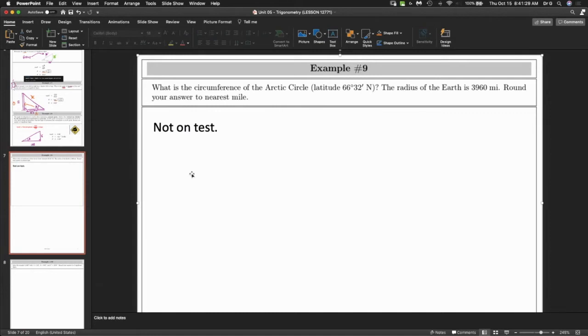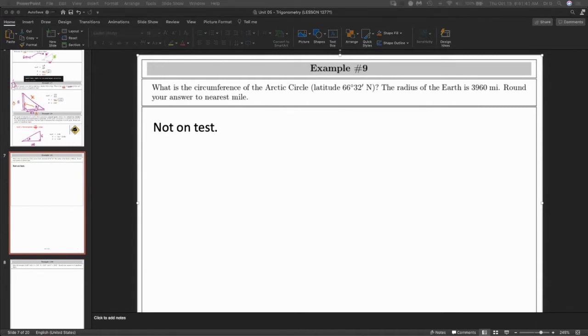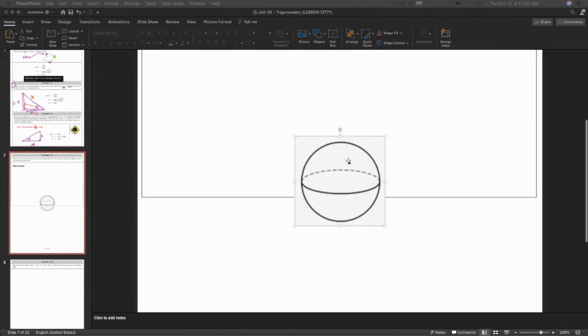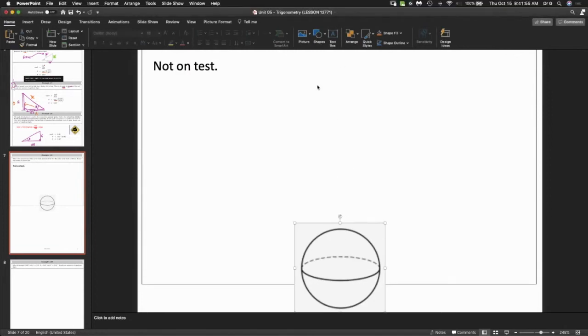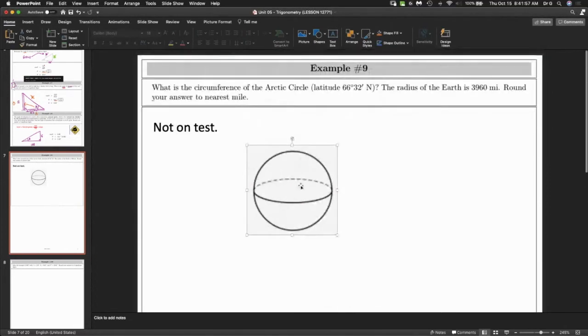What is the circumference of the Arctic Circle? Even drawing this question might give you a headache. So I'm going to try to use some screenshots here. Trying to draw this by hand with the stylus is not going to happen.